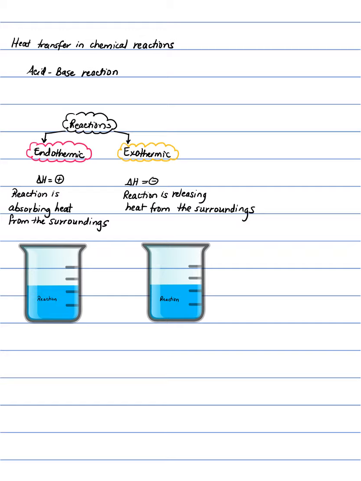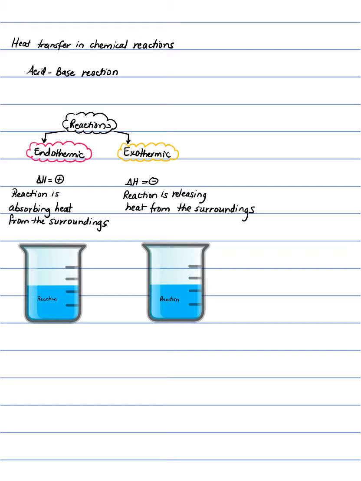So we know that the change in enthalpy, delta H, can be positive or negative. If you have a positive sign, that means that reaction, in this case a chemical reaction, is endothermic. Okay?